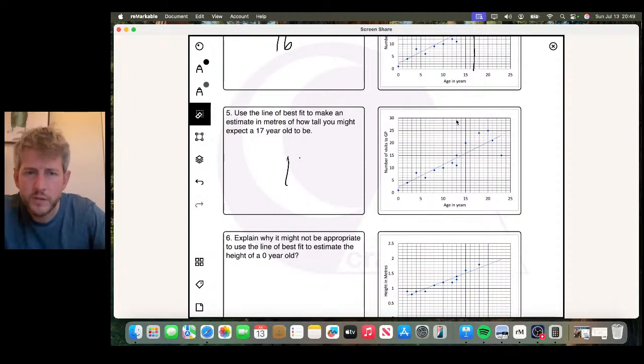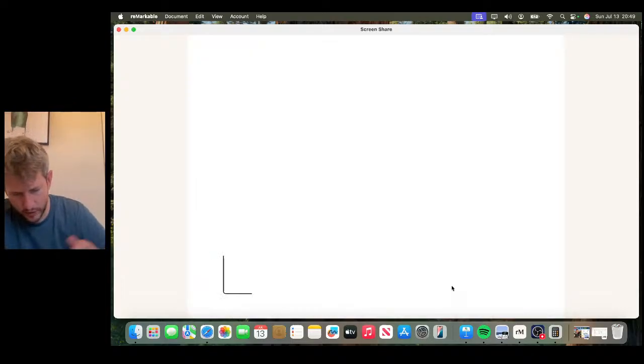Oh, that's got the wrong graph. Use the line of best fit to estimate. Okay, right. Well, let's use this line of best fit here.